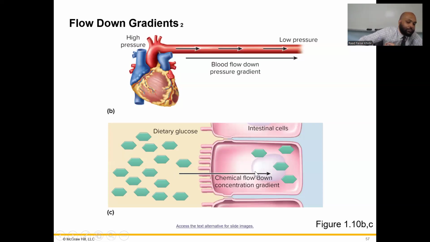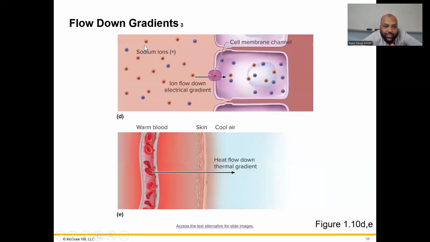So that's an example of a chemical gradient, a concentration gradient. Then what is this? Where you have a lot of positive outside, a little bit of positive inside. So the movement is going to be from where there is a lot of positive to where there is a little bit of positive.